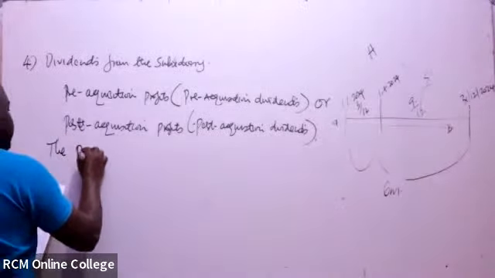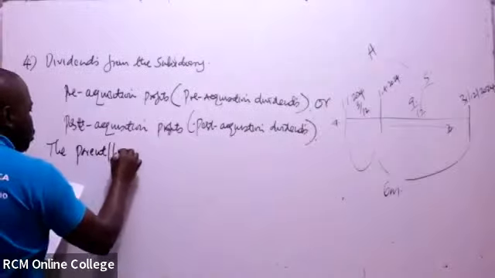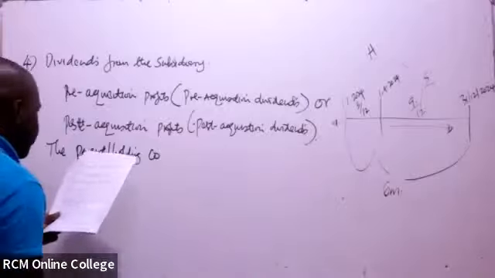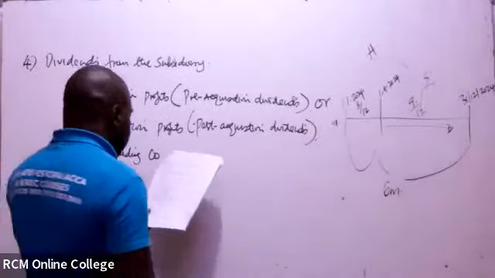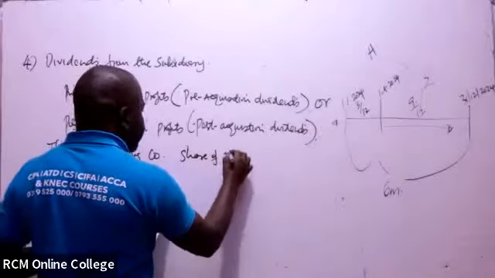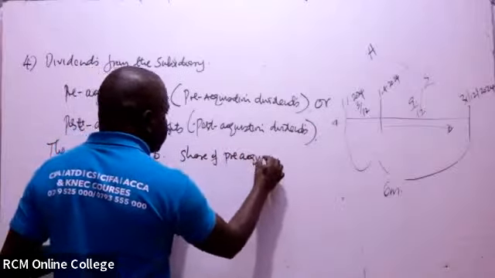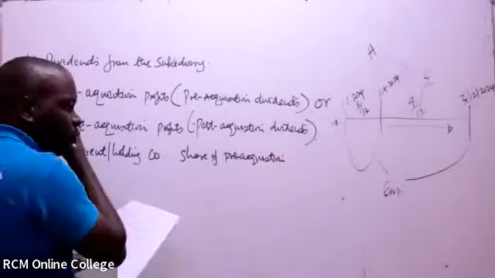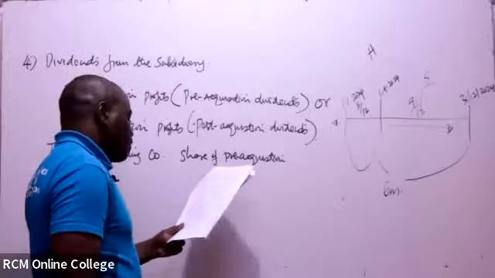The parent or holding company's share of pre-acquisition dividends is the portion of dividends for before they were acquired.